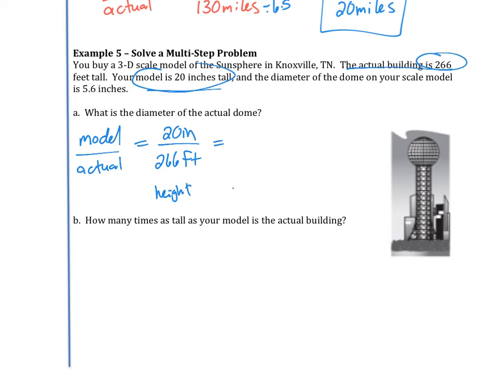And then for the diameter, they tell us that in the scale, the diameter is 5.6 inches. We want to find out how many feet this is in diameter in real life. So we are going to put 5.6 over x, because 5.6 is the model, x is what we're trying to find out. So when we cross multiply, we get 20x equals 5.6 times 266.